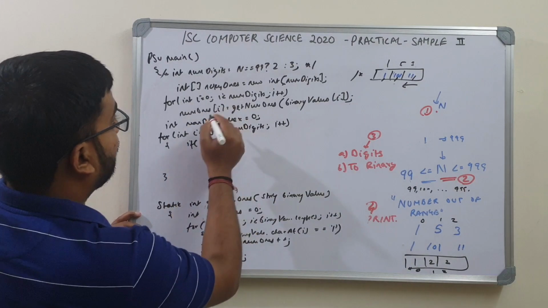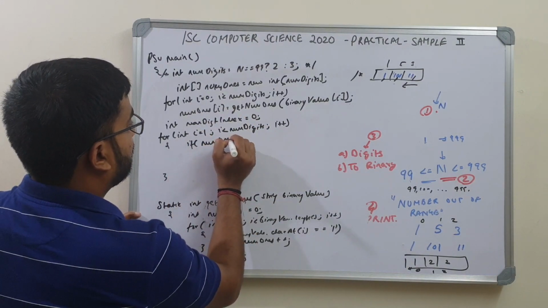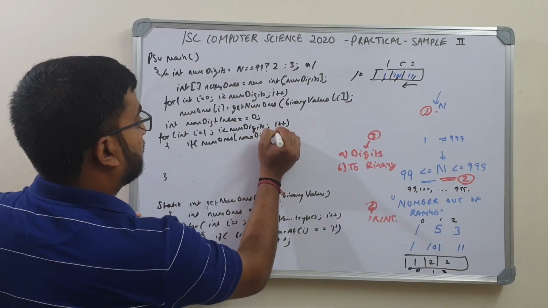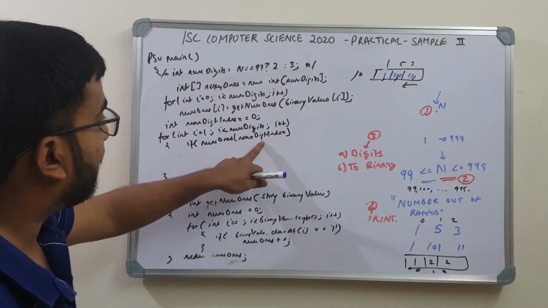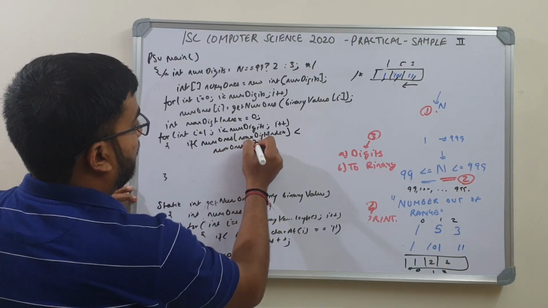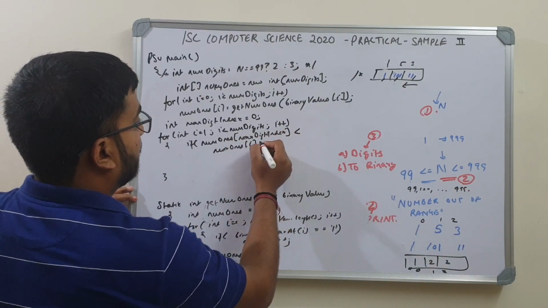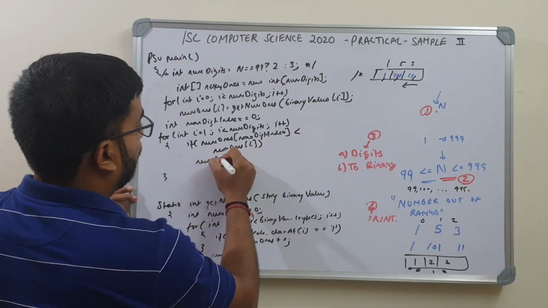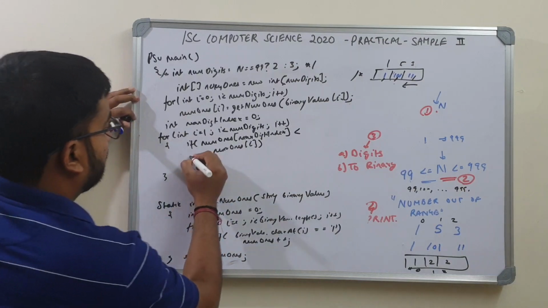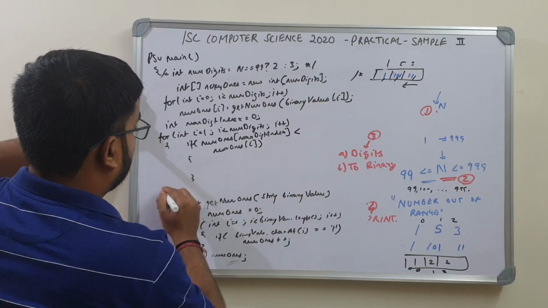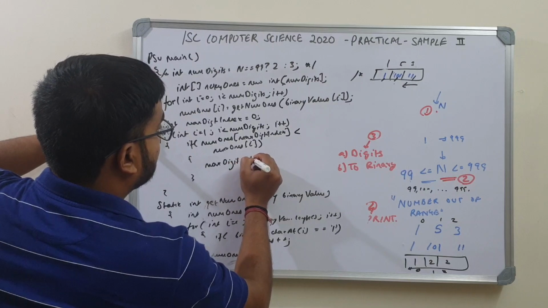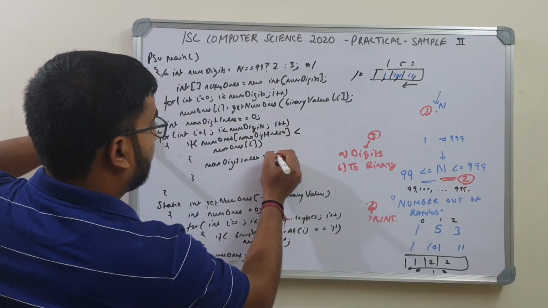So if num ones at max digit index is less than num ones at the ith location, then in that case max digit index becomes i.